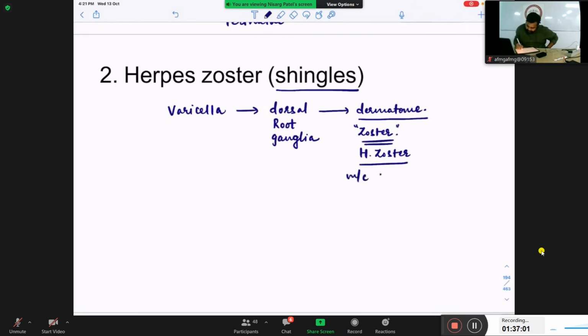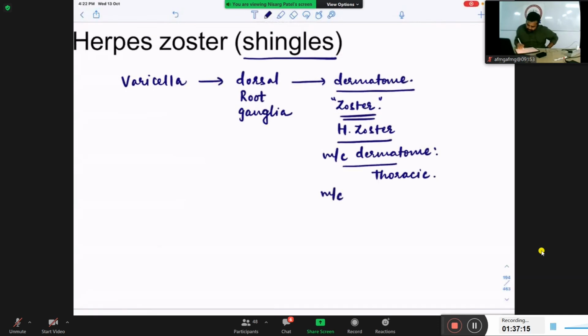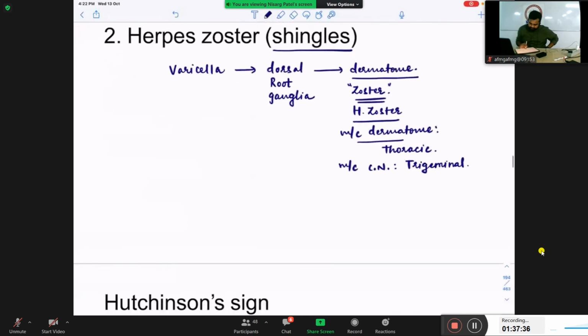The most common dermatome involved is the thoracic dermatome. The most common cranial nerve which is involved is the trigeminal. What complication can zoster cause?